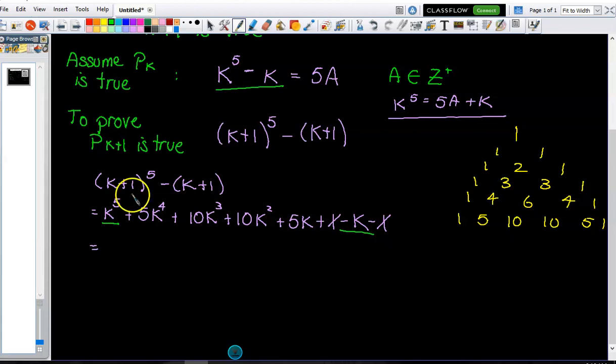If you just replaced k to the 5 with 5a plus k, well then the k and the k will cancel and you get the same answer regardless. Does that make sense? But what you need to make sure you've put there is using pk, right? Why did I put brackets there? Put that around the whole thing.